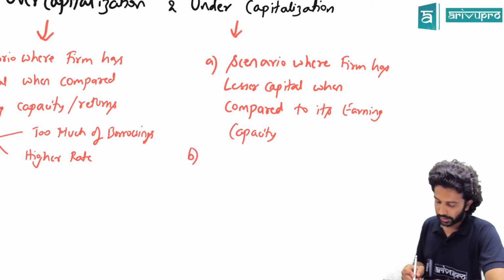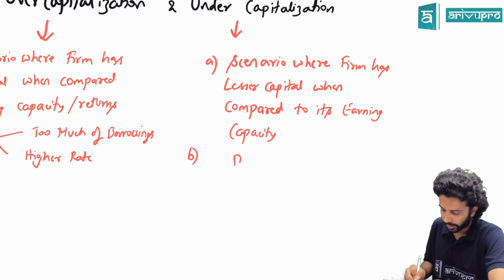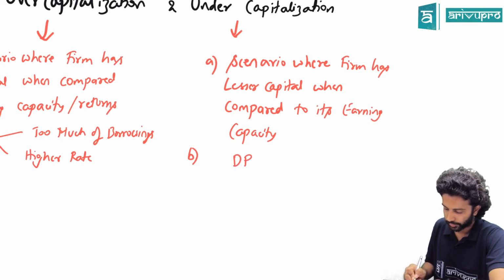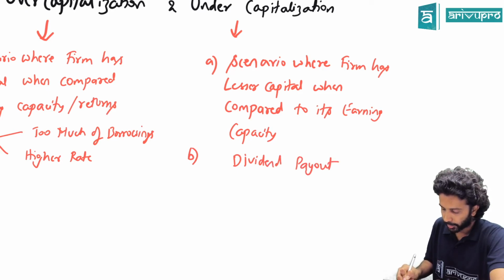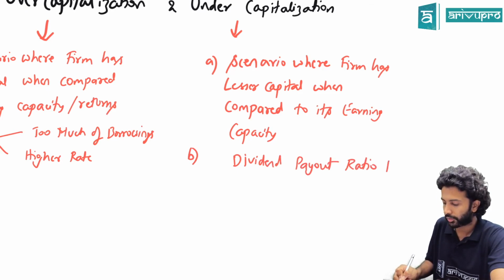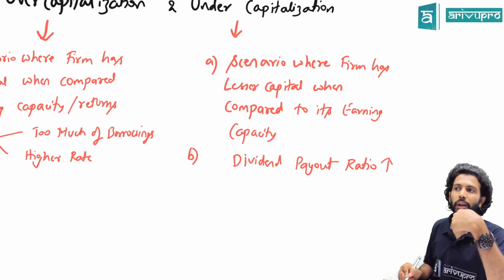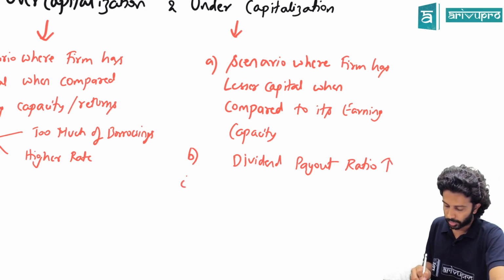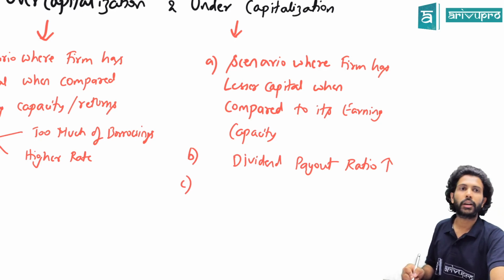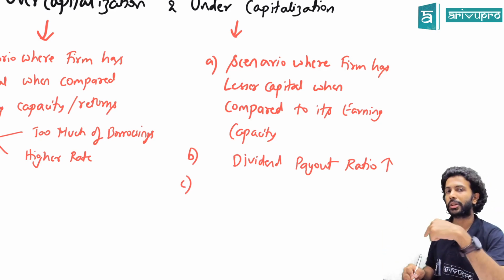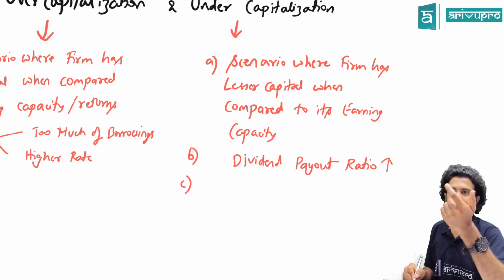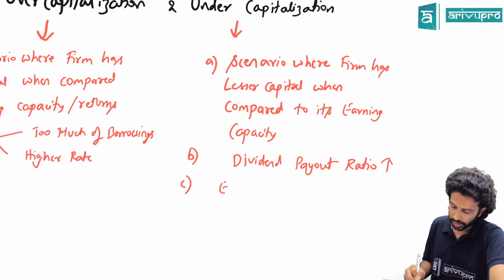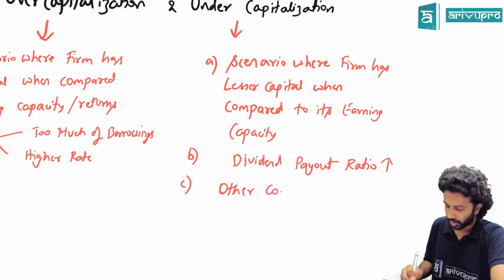Normally in an undercapitalized firm, since they're not using it for further expansion, the dividend payout ratio will be higher. Because this firm is earning a lot, it will attract competitors.